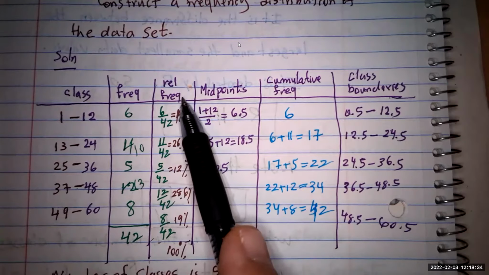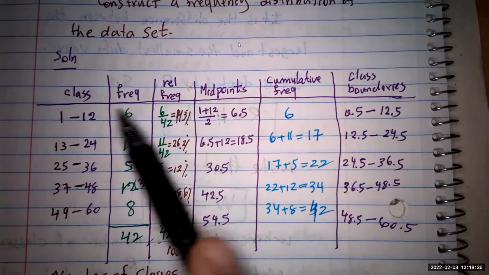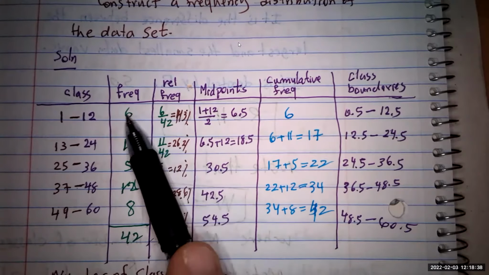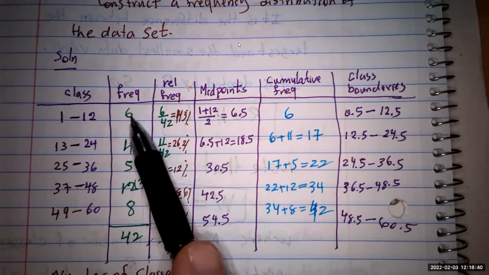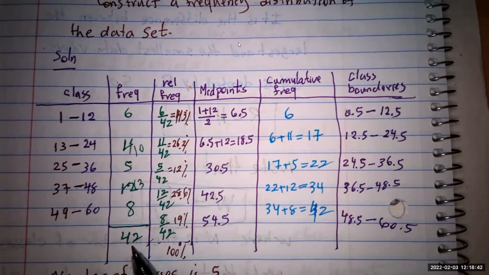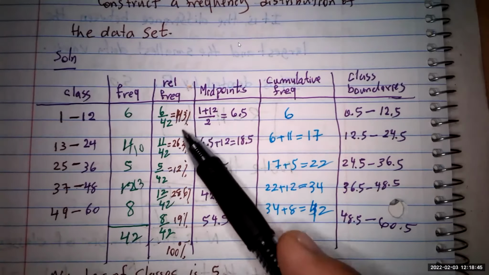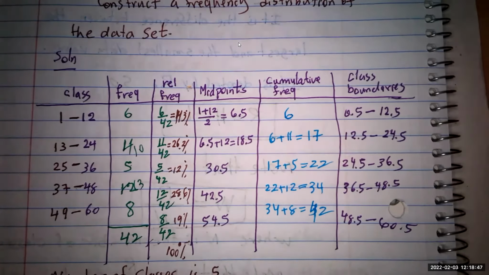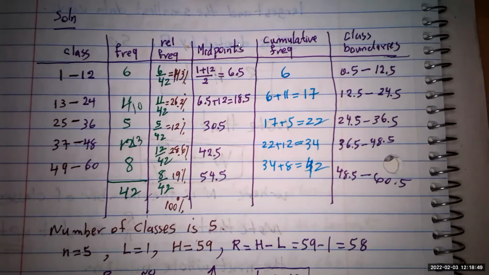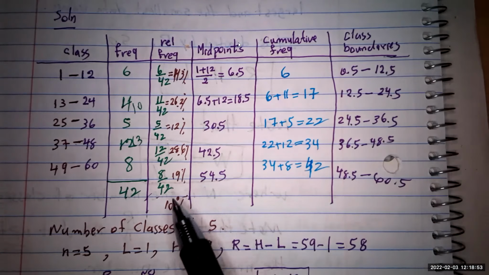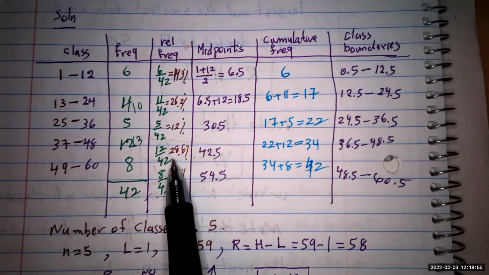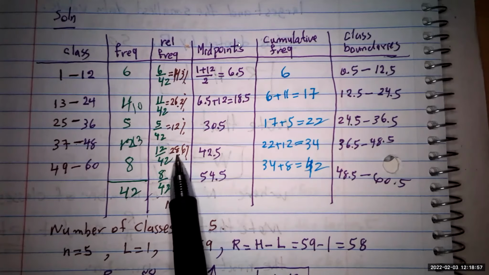Relative frequency is going to be a percent. For each class, it's the percentage of the number of patients, 6, divided by the total number of patients, 42. We write it down in percent, and in future, this would be probability. So when we organize this, we look at the highest number that we got, something like 28%.